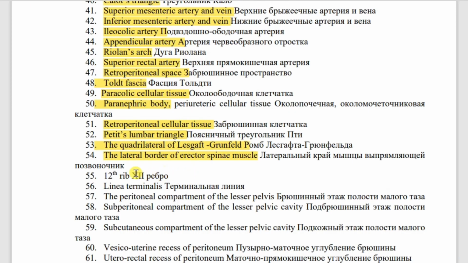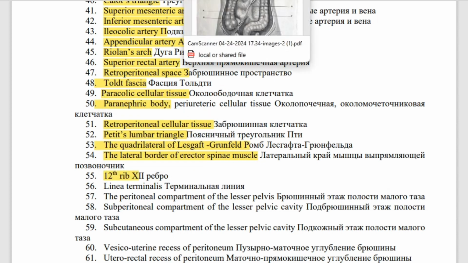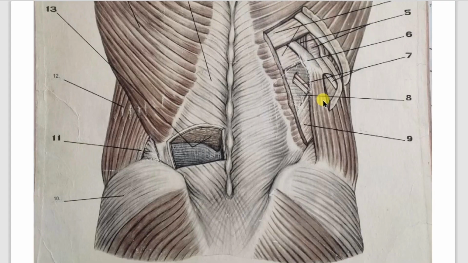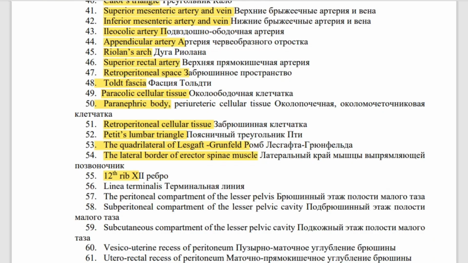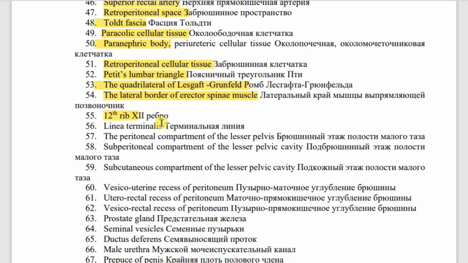So the next structure that we have to find here is the 12th rib. We already saw it in the previous poster, so let's see one more time. Here you can see the 12th rib. So let's move to the next part. What do we have to find next? Next is the linea terminalis.